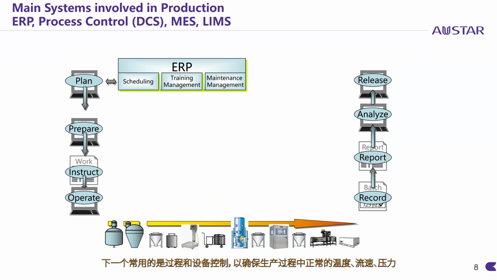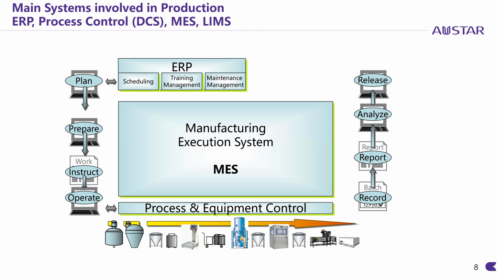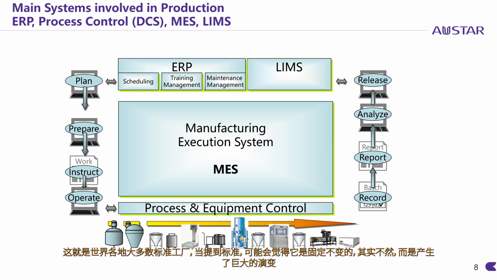The next piece of equipment that we are using is obviously process and equipment control, so our temperatures and flows and pressures are all right during production. And all the middle part, prepare, instruct, reporting, is typically executed by a manufacturing execution system, MES. And for the release, we also normally get help from LIMS, Laboratory Information Management System.